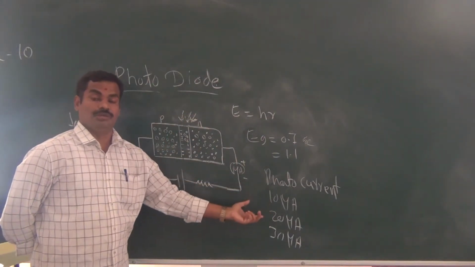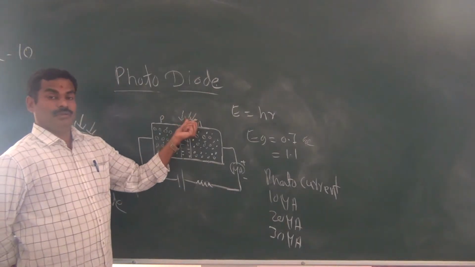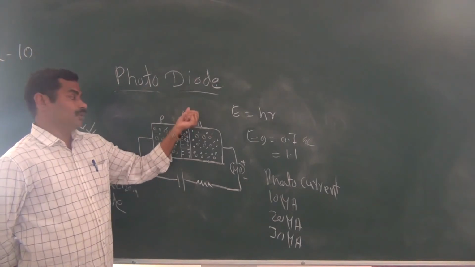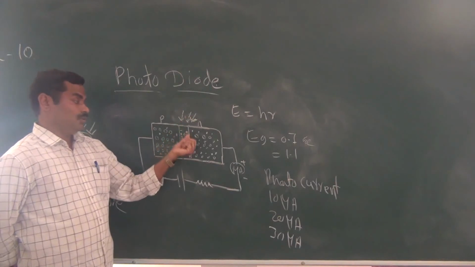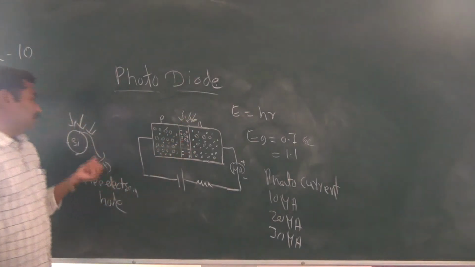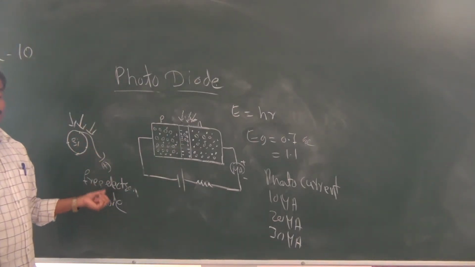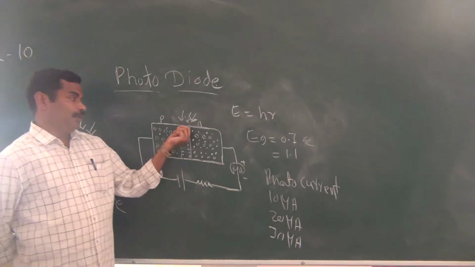It means in overall what I am saying here, whenever you are applying the incident light, or you are applying the photon of energy, the atoms in the depletion region will break because you are applying the high energy. Because at high energy the electron comes outside, and whenever the electron comes outside, that atom becomes a hole, or you are breaking the covalent bonds.